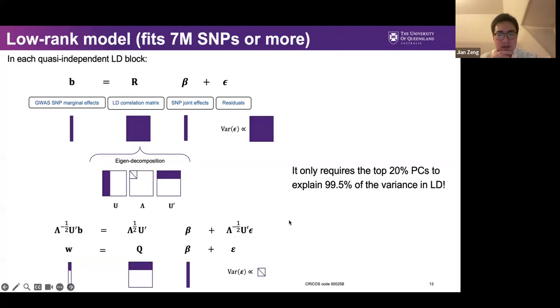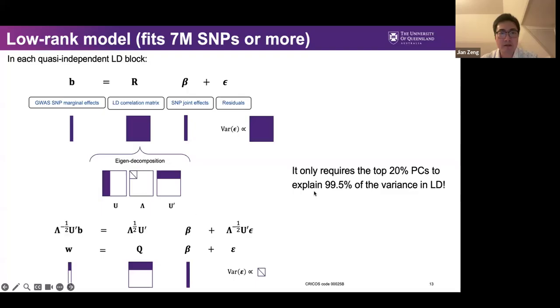You might wonder how many pieces we need to keep to explain most of the variance. It turns out we can get rid of 80% of the eigenvectors and only use the top 20%, and that could be enough to explain 99.5% of the variance in LD in the European ancestry.